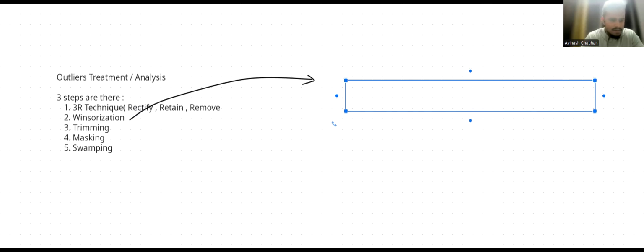If the outlier is more than the max, then we replace it by the 95% value of the entire data.